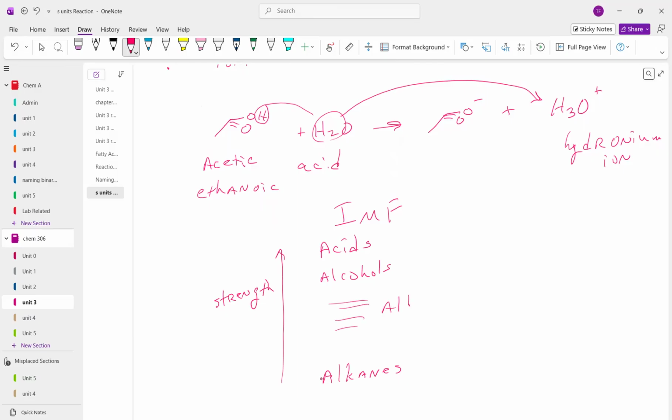So we have aldehydes, ketones, ethers, alkenes. So strength: boiling point, melting point, and surface tension. Acids have the most, alkanes have the least.